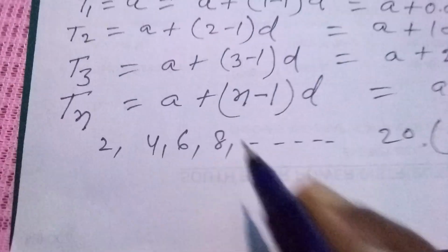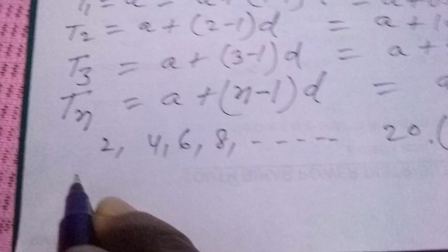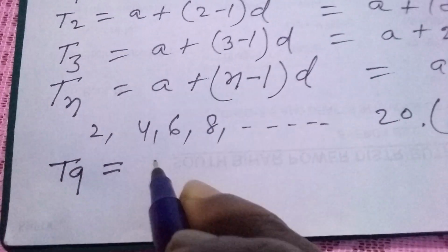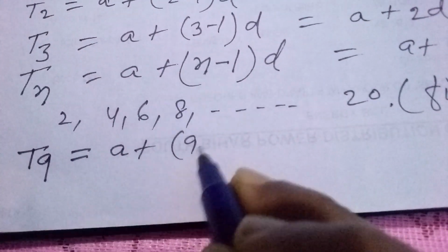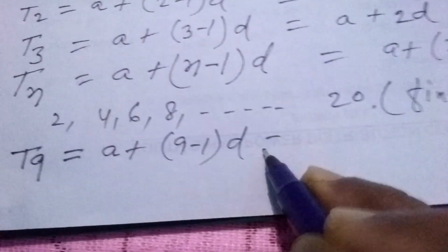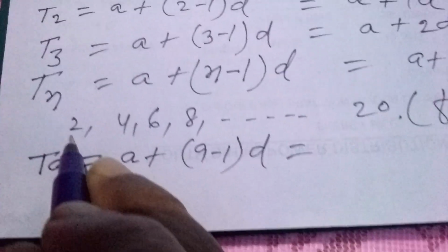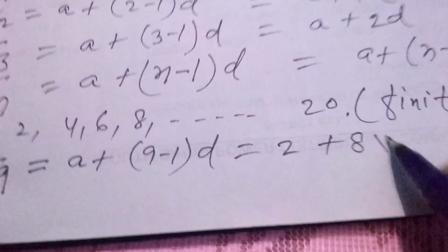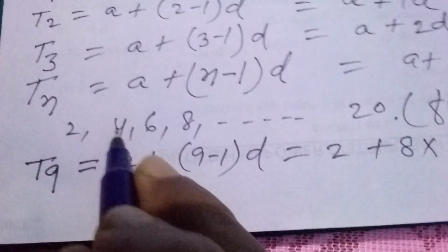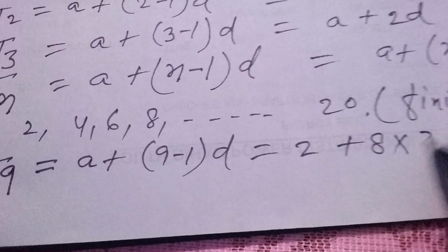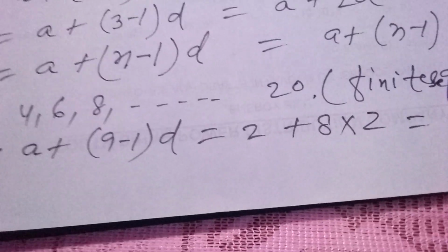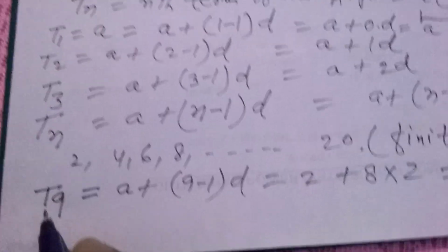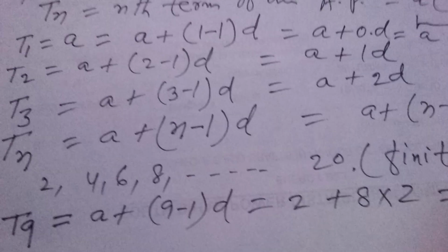If I want to find T9, then very easily we can find a plus 9 minus 1 into d. Here a is T1, the first term 2, plus 9 minus 1 is 8, and d means T2 minus T1, so 4 minus 2 is 2. So we get 2 plus 16, that is 18. So 18 is the ninth term of this AP.